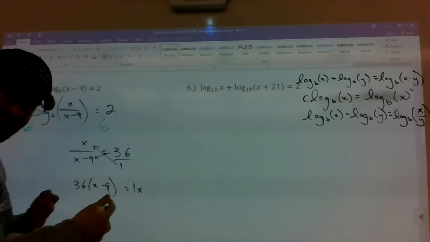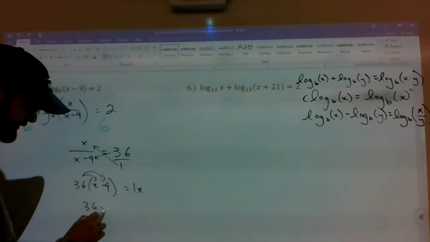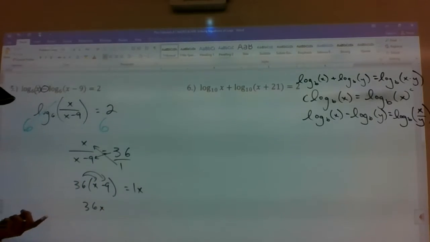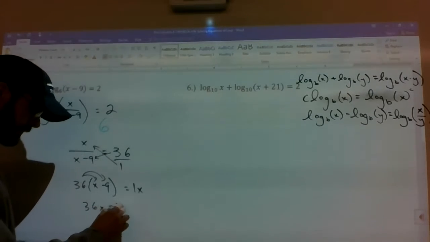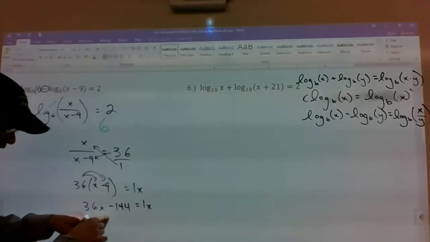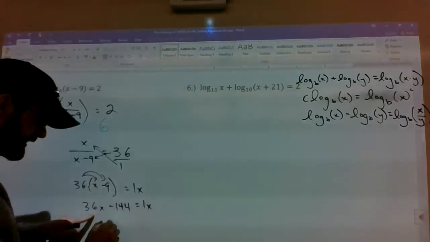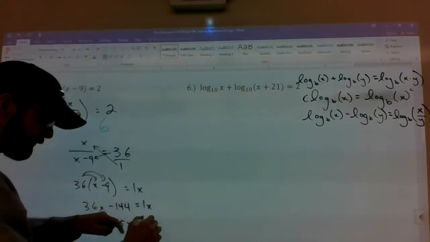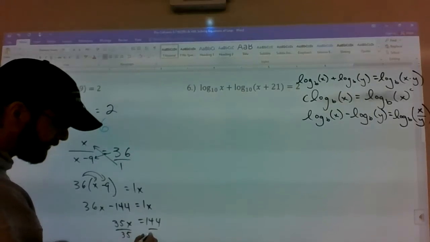Yeah, and I think it kind of explains itself from there, right? Distributive property, 36x. I just happen to know that 36 times 9 is 144. I can subtract the x to this side, add the 144 to that side. Subtracting the x's gives me 35x. Adding the 144 to the other side is just 144. And then divide that by 35.